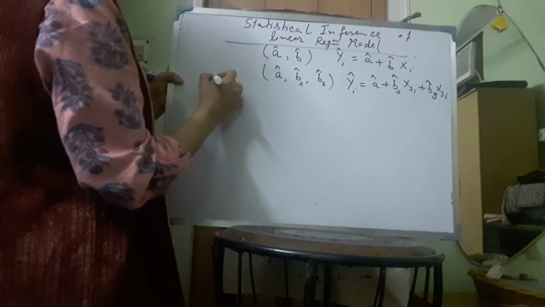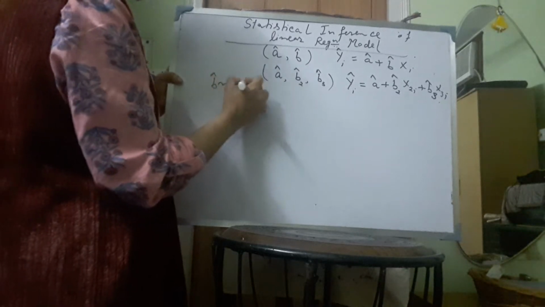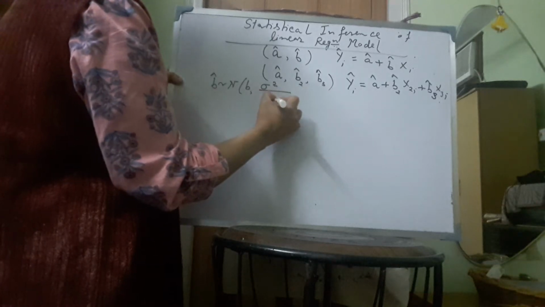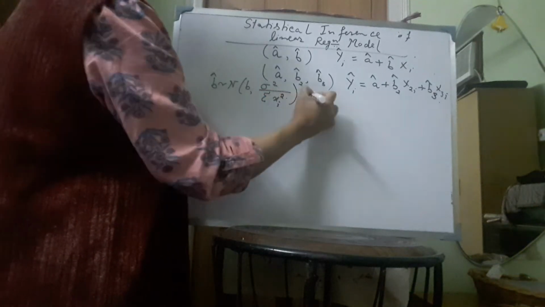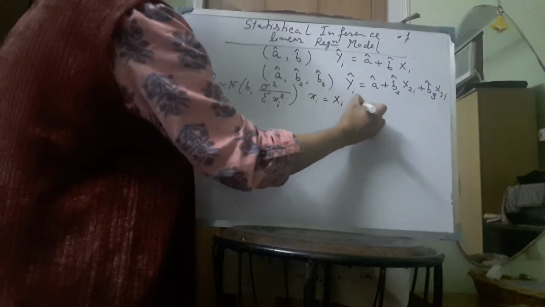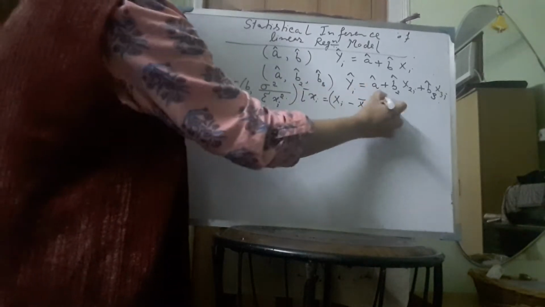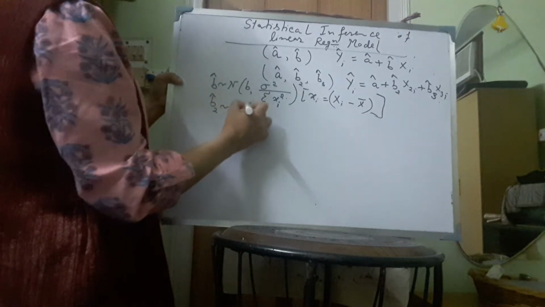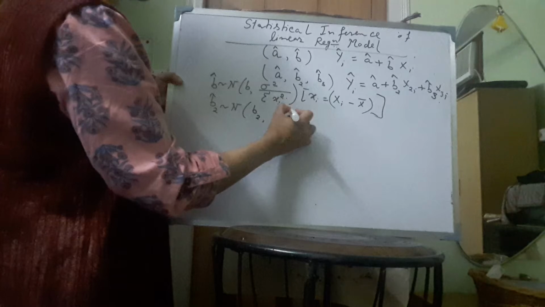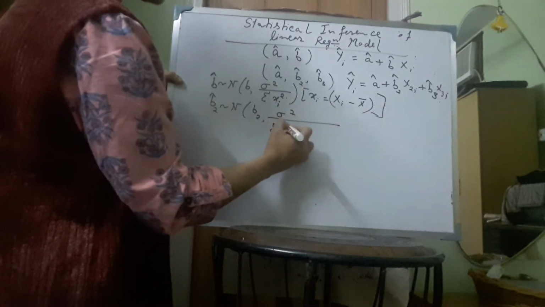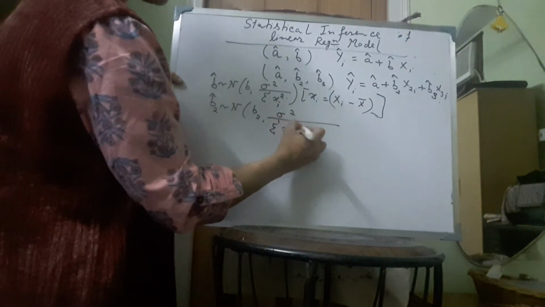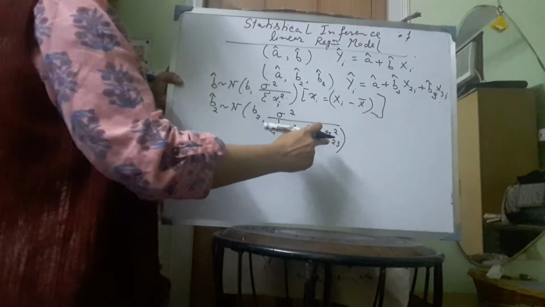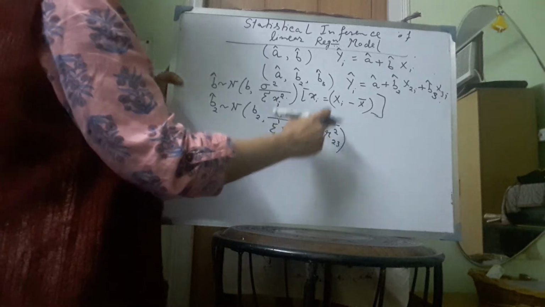And we know that b hat follows normal distribution with mean b and variance sigma square upon summation of small xi square, where small xi is equal to capital Xi minus x bar, and b2 hat in case of the 3 variable regression follows normal distribution with mean b2 and variance sigma square upon summation of x2i square times 1 minus r23 square, where r23 is the correlation coefficient between the variable x2 and x3.